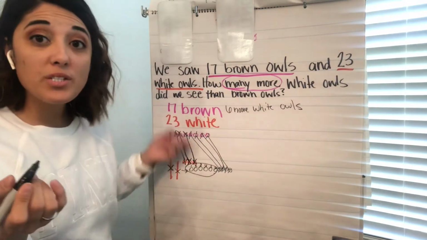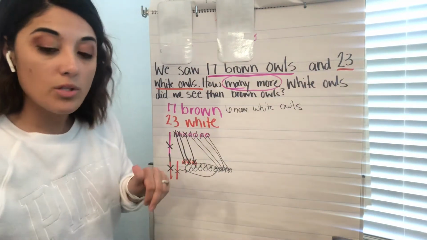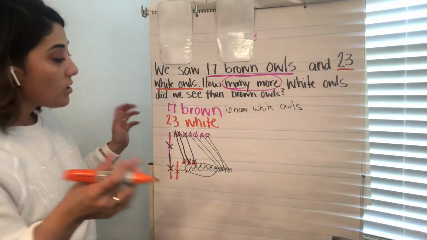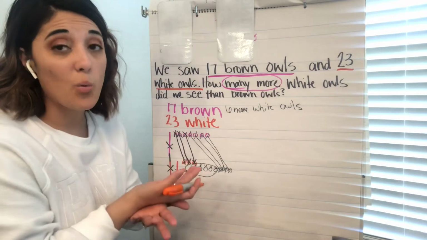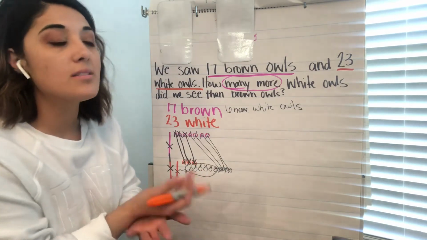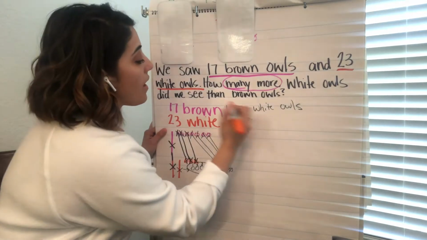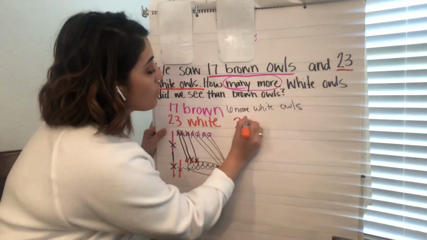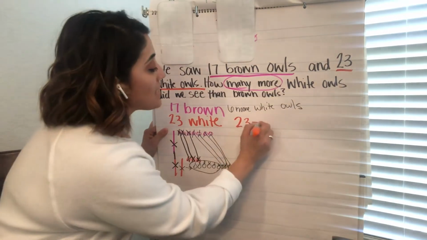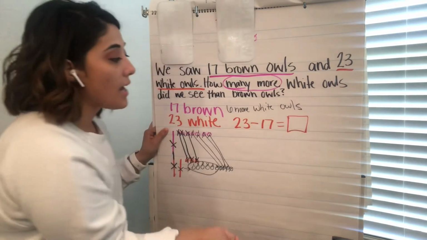All right, so that is one strategy you could do. Since this is a compare problem, that is one way that you could do it. Another way that you could look is you can say, one thing I know is that I could just take away the brown owls from the white owls and see how many I have left. So I'm gonna do the greater value first. I have 23 white owls, and I'm gonna take away the brown owls, the 17, and see how many I have left.